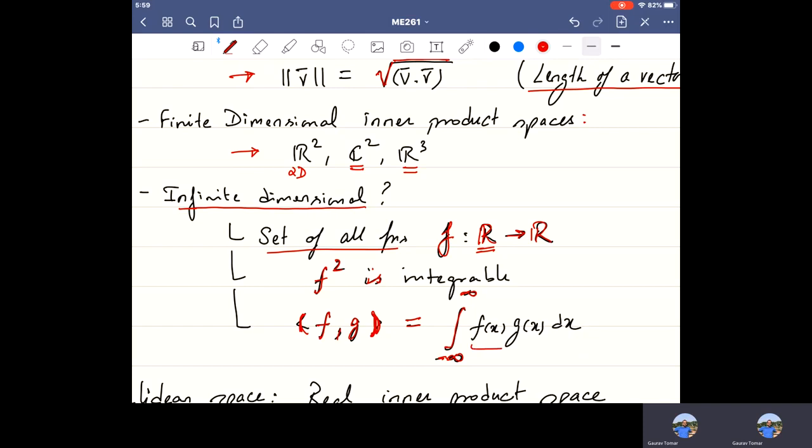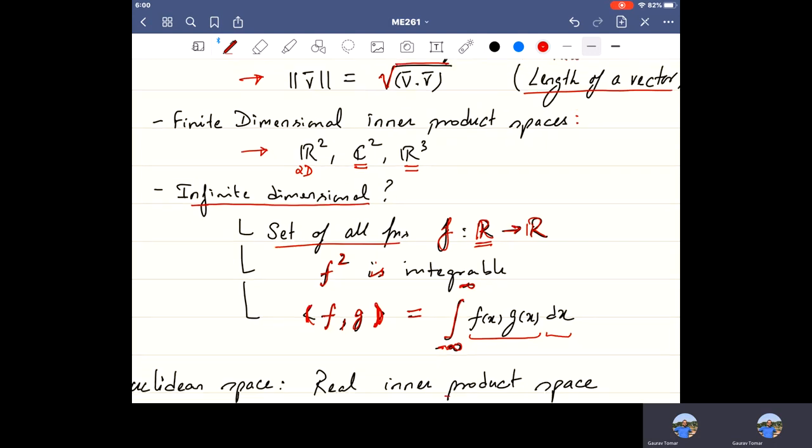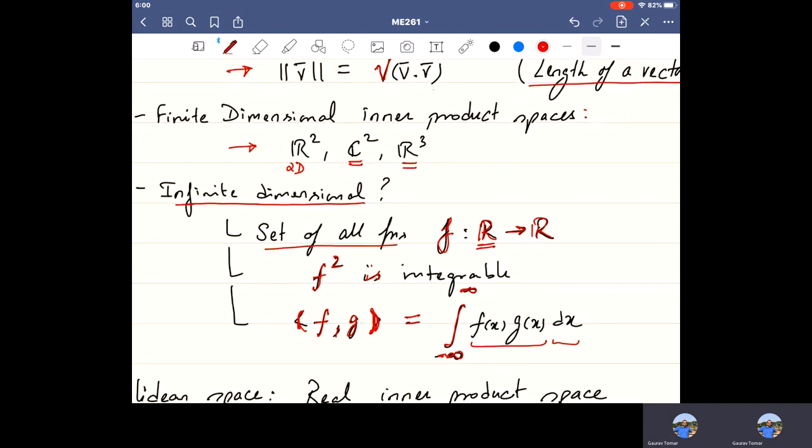You multiply the functions and then integrate over x in this interval. So this forms an infinite dimensional inner product space. These are very useful when you are dealing with solutions of ODEs and PDEs.